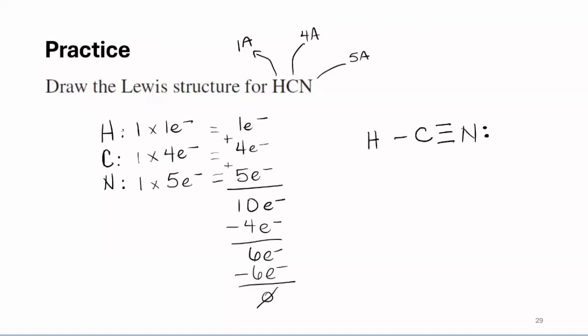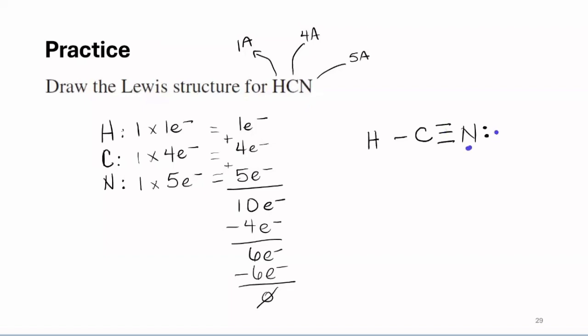And now, when I go around and I try to identify, does every atom have an octet? The answer is yes. So in this case, the sharing of electrons between carbon and nitrogen gives rise to what we call a triple bond, which means that between a carbon atom and a nitrogen atom in HCN, there are 2, 4, 6 electrons being shared.